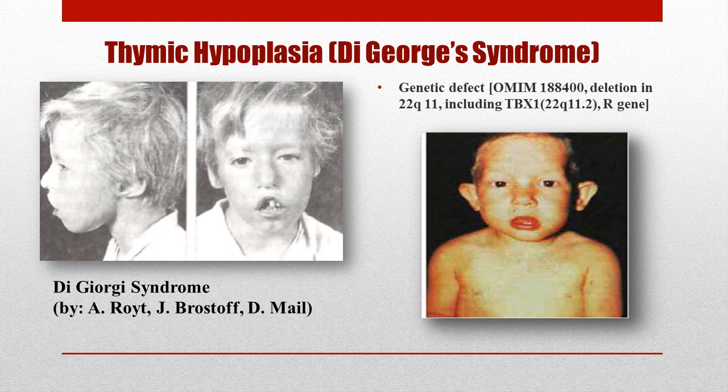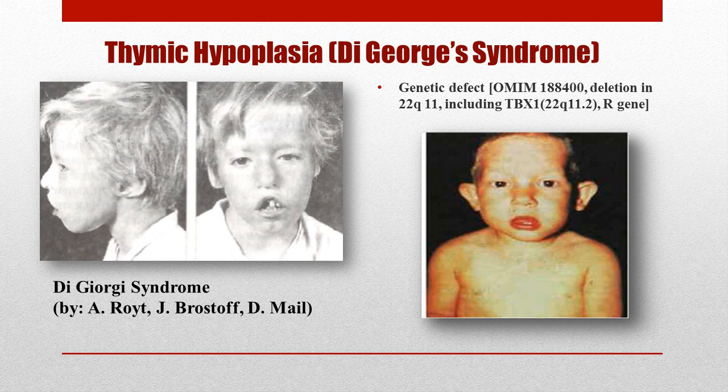Thymic hypoplasia or DiGeorge syndrome. It is a genetic defect which consists in deletion of the 22nd chromosome. The disorder results from a congenital malformation affecting the 3rd and 4th pharyngeal pouches.